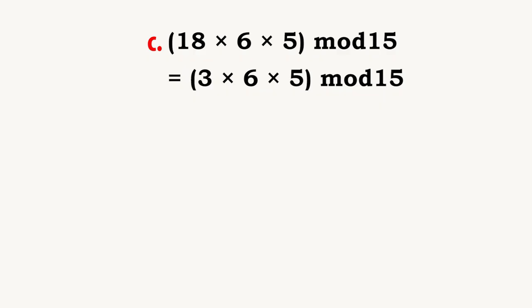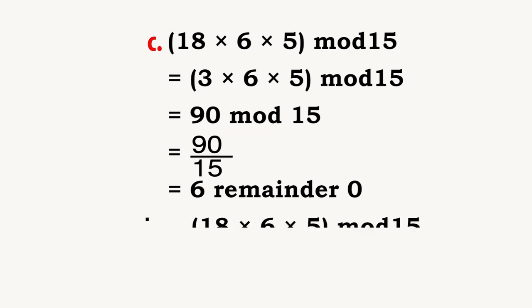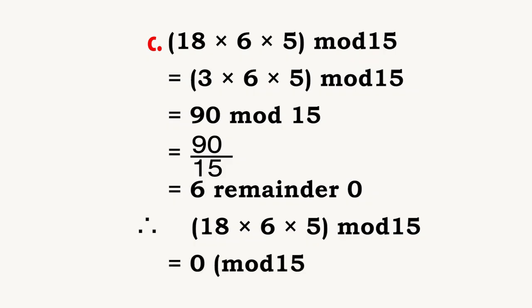And so we just multiply the 3 numbers. So we have 3 times 6 times 5 mod 15. And that gives us 90 mod 15. And then we have to reduce our 90. We divide 90 by 15 to get 6 remainder 0. Therefore, 18 times 6 times 5 in mod 15 is equal to 0 mod 15.